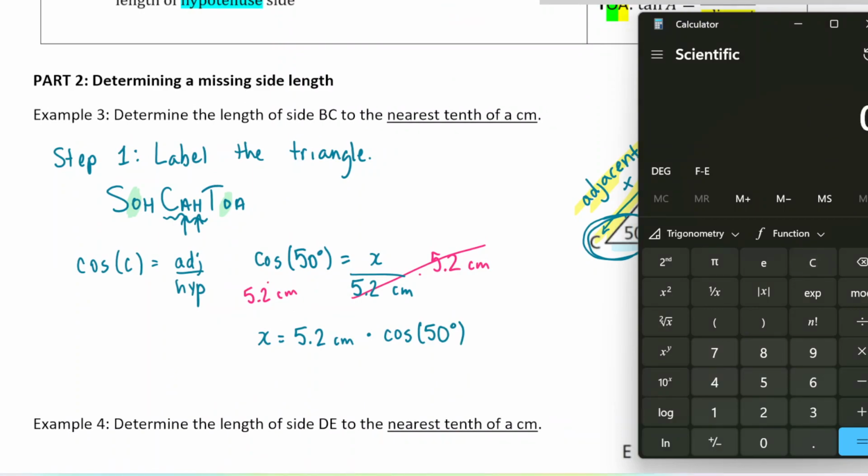So let's clear my screen here. I have 5.2 times, and for my calculator I have to type 50 and then the cosine, but yours might be the opposite. So I have 5.2 times cosine of 50. Is that right?